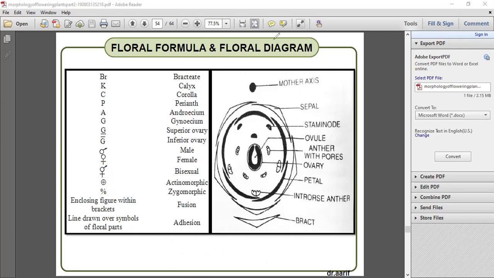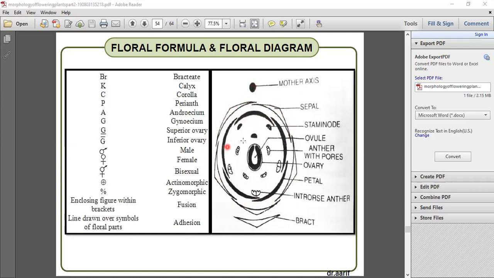Yes, ma'am. So we will move ahead and look into this structure. In this case, it is called the floral diagram. You can see this is the mother axis. What do we mean by mother axis? It is representing the point where the petiole is attached. Now these are sepals.